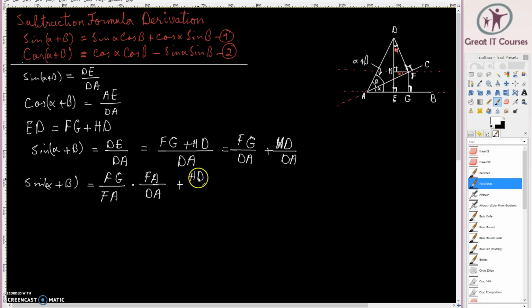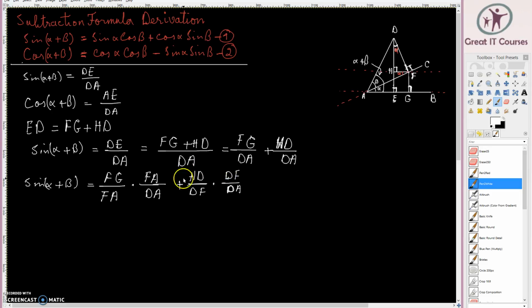So HD divided by DF into, then you have to write DF here as well because you have divided by that, and then DF divided by what we had here, dA. So DF divided by dA is basically sine beta, and this is basically what we needed here.